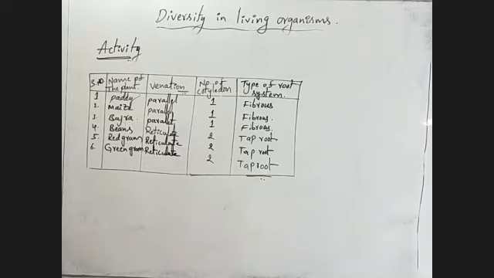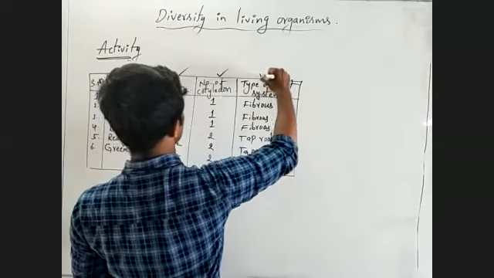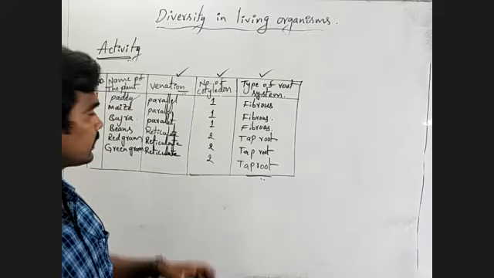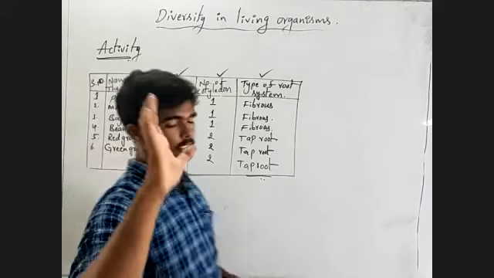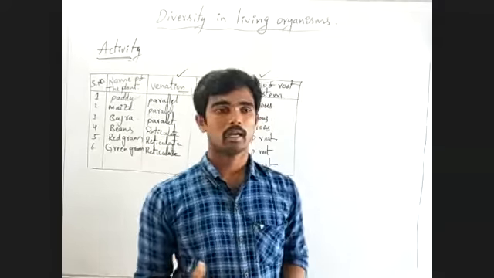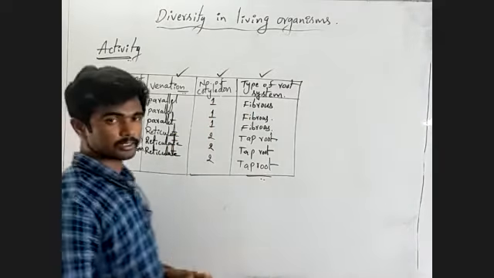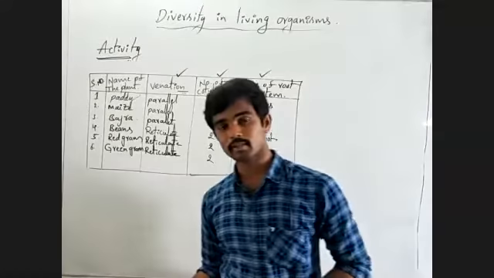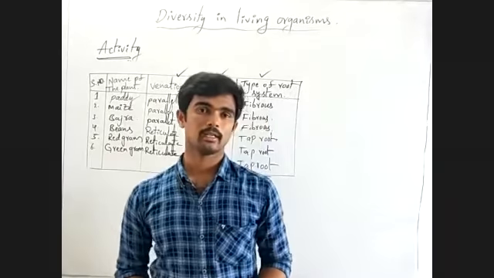Okay, observe like this. We can observe the venation, number of cotyledons, and type of root system. These are very important characteristic features. Based on these characteristic features, we can separate the monocot plants from the dicot plants.